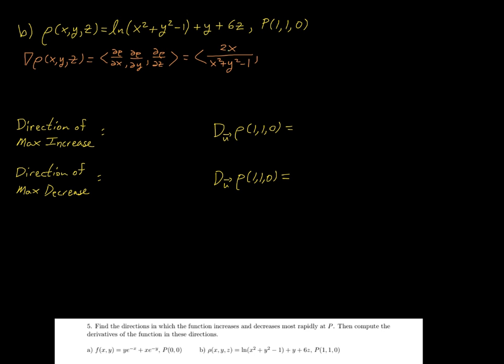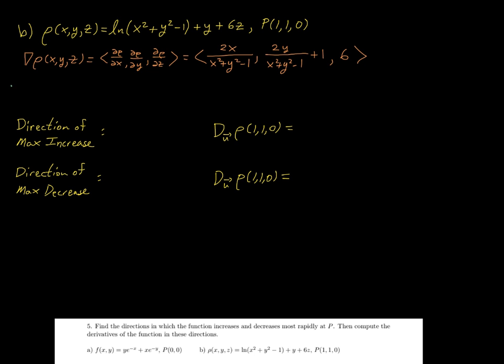For the y derivative, for the log part, it looks just like the x derivative, except I'm going to have a 2y up there in the numerator. And then I'm going to do plus 1 because of the y there, and the derivative of 6z would be 0. And then the z derivative is nice, it's just going to be 6.